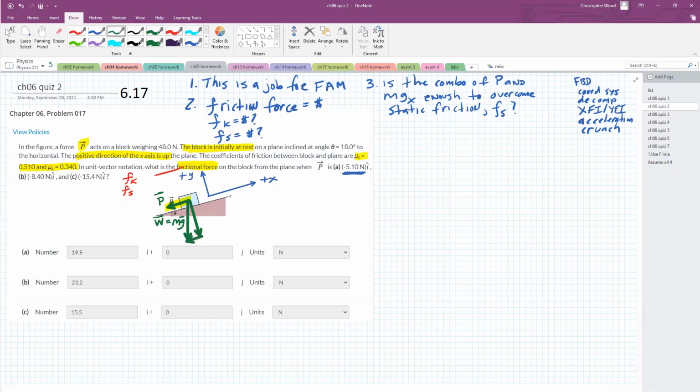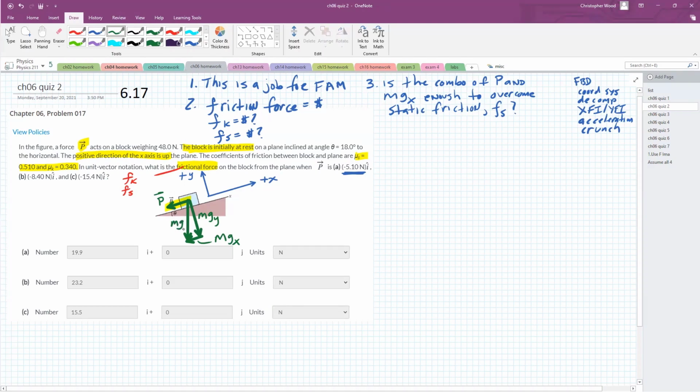You know that this is mgy, and you know that this is mgx. And the hypotenuse there is mg. So we've seen this a lot of times, and you're just seeing it one more time.